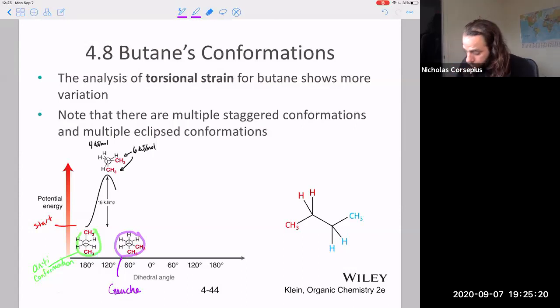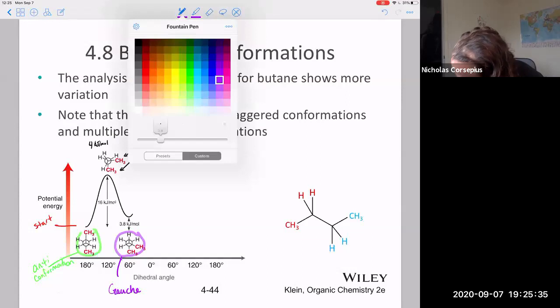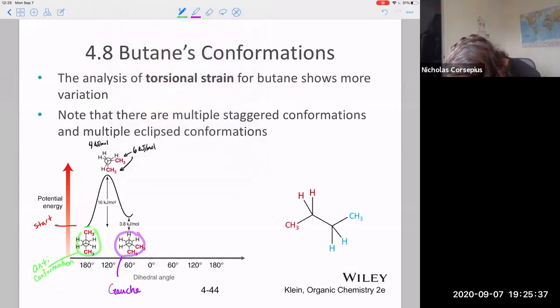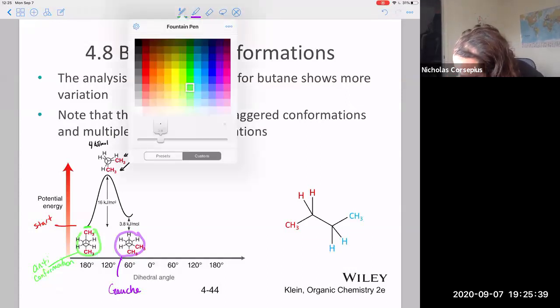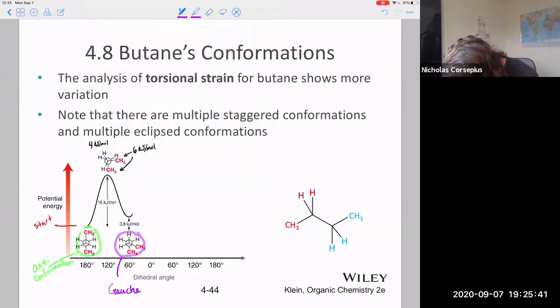Okay, and although those are more favorable than these eclipsed conformations, they're still going to sit 3.8 kilojoules per mole above that anti, right? So here was the energy of the anti conformation down here, and now I have my gauche sitting up here, 3.8 kilojoules per mole above that.